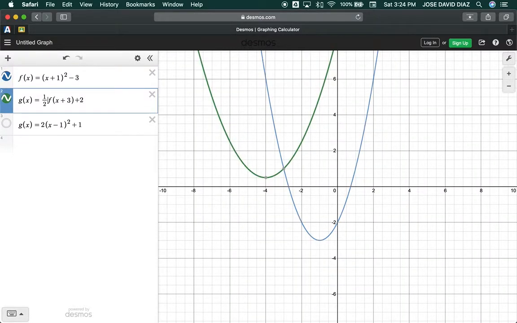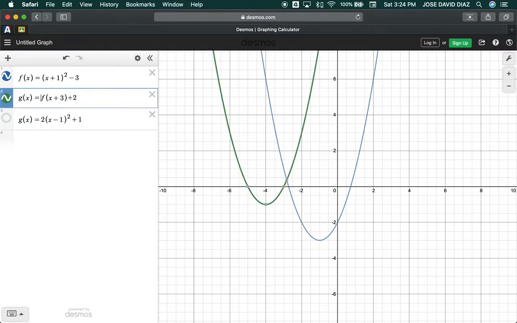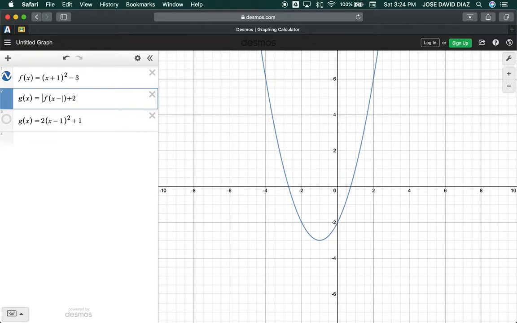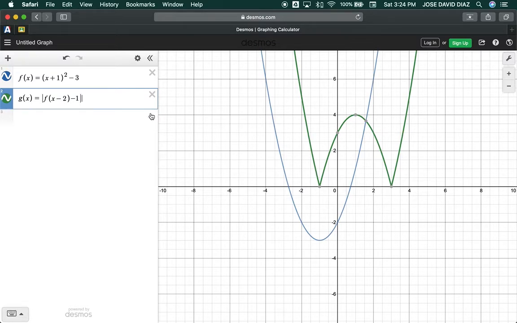Now this will be correct. So that's what we got. Notice that if I just get rid of the absolute value, all those negative values become positive.